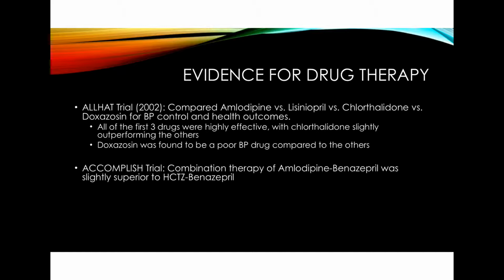There were only minor differences between the first-line agents that I discussed previously, although the ALLHAT trial did show that doxazosin, an alpha blocker that was often used as a first-line agent prior to this trial, was not very effective, and as a result, alpha-1 blockers are no longer used primarily as first-line agents in hypertension, although they are still very effective in treating patients with benign prostatic hyperplasia, or BPH.